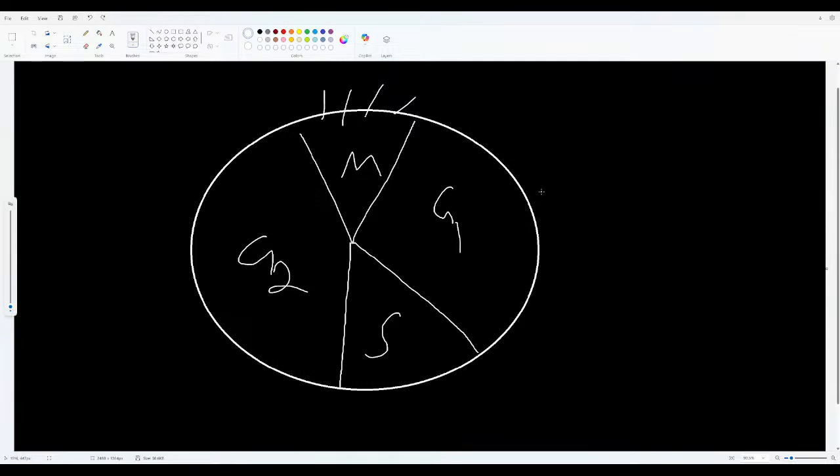G1, you can consider G to be a couple different things. You could consider it to be growth, or you can consider it to be a gap, right? So it stands for gap, but primarily it is during this time that a cell just performs normal cellular activity.